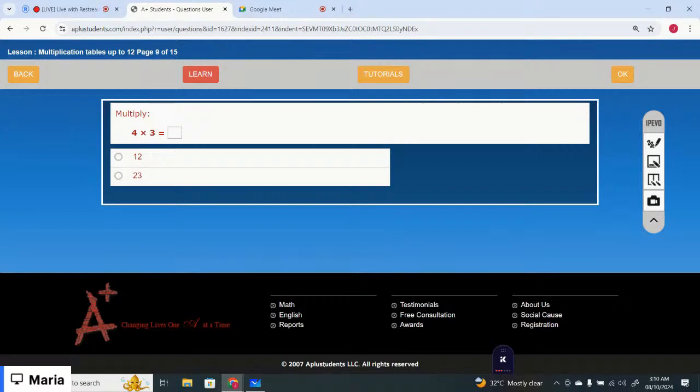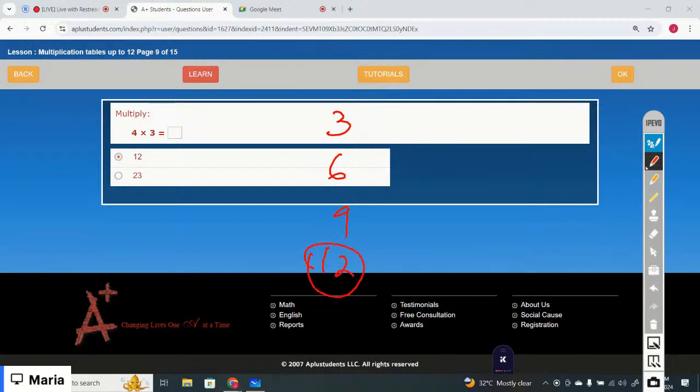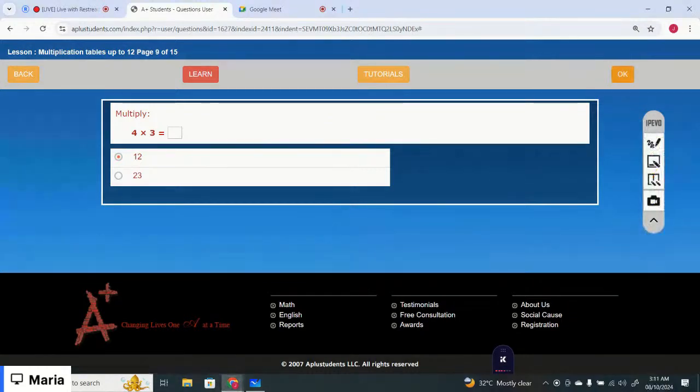The correct option is 12. Yes, that is exactly counting by threes. Like here you have 4 times 3, so you can count by threes, right? If you don't know the multiplication tables, you can count by threes. So 4 times 3 is 12. Option number 1 is the correct option.